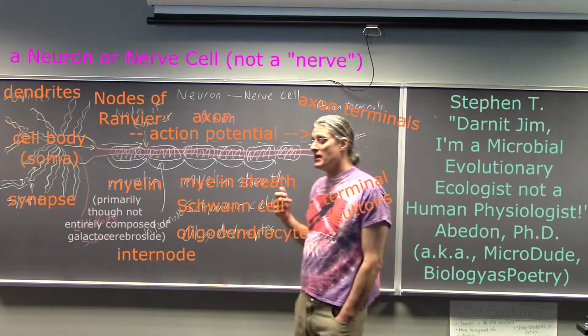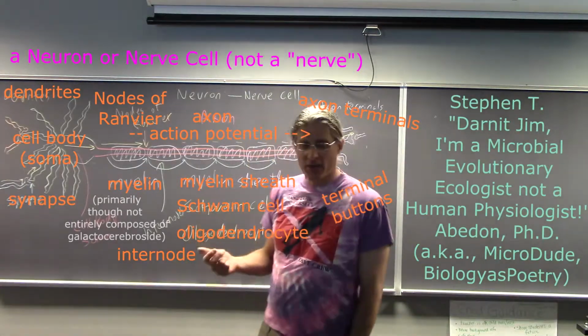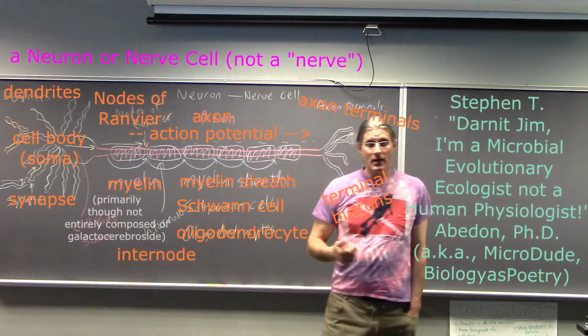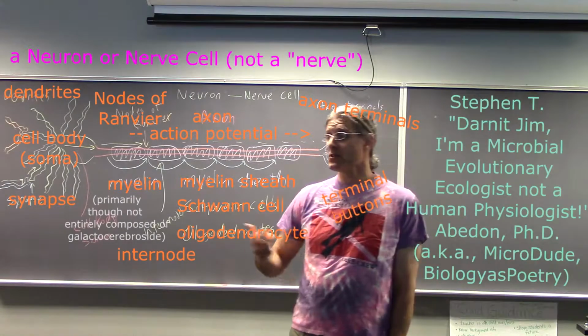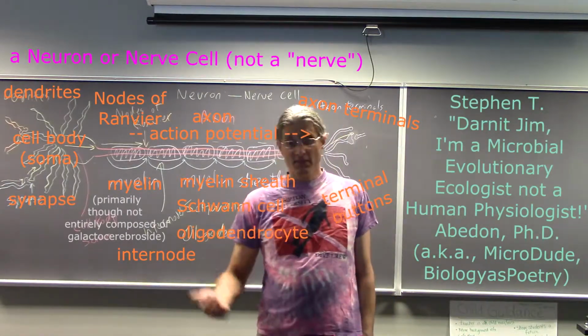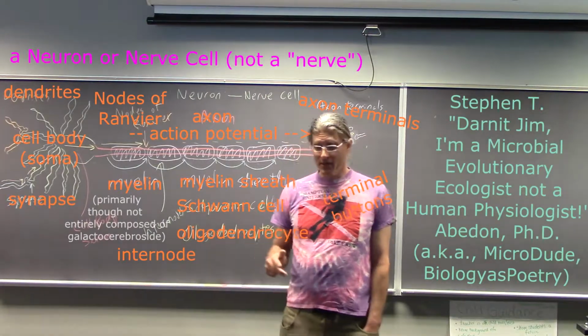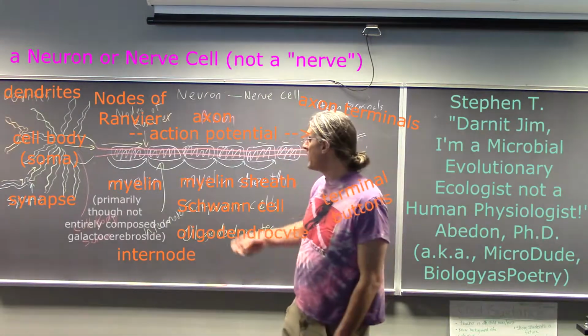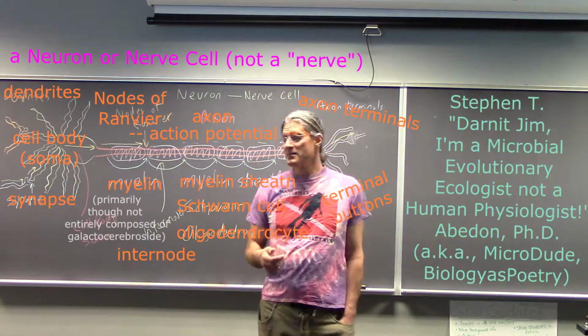In fact, multiple sclerosis is a disease of degeneration of the myelin, which causes a loss of coordinated activity because your neurons are not working as effectively and are not able to coordinate with each other as well, because the signal can't move down the axon as effectively.